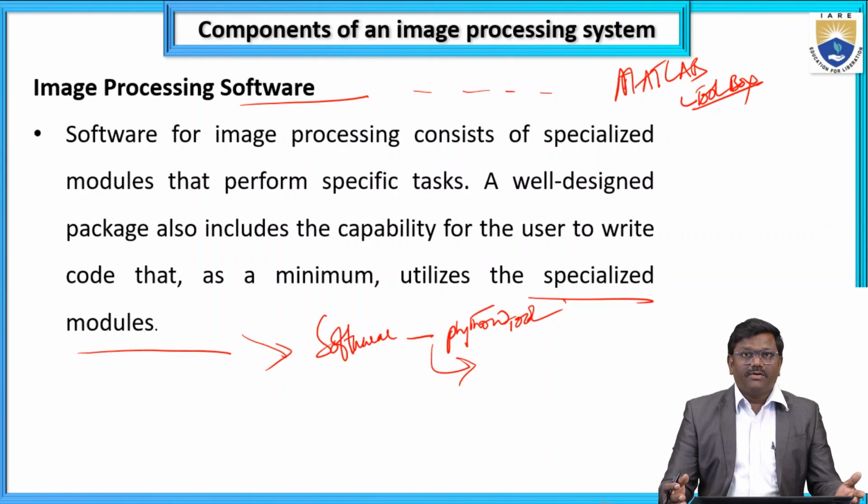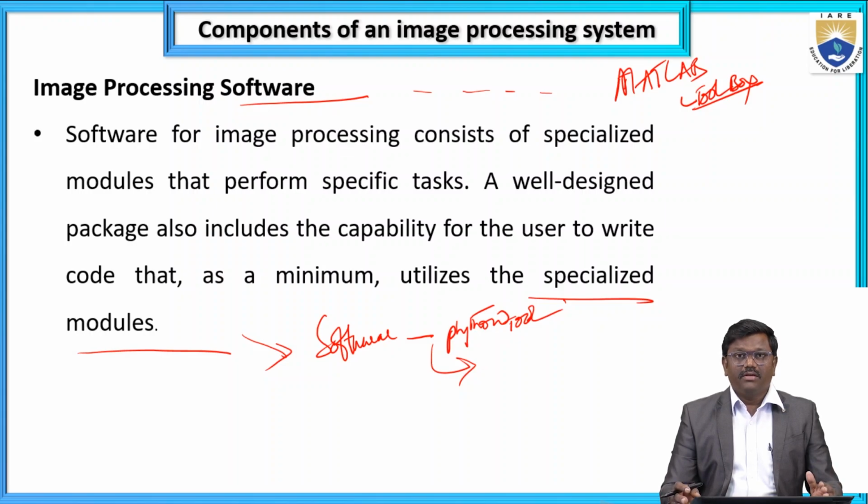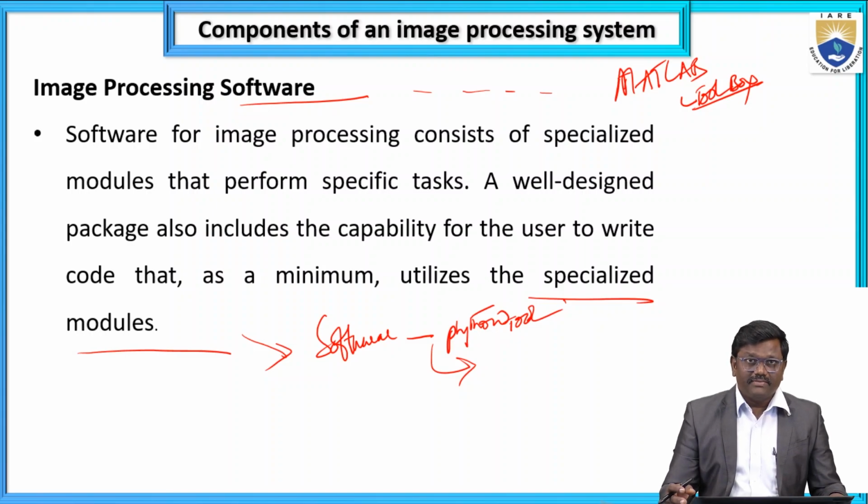Of course, based on the MATLAB toolbox and the Python toolbox which we can use here, which consist of specialized modules that perform specific tasks, a well-designed package also includes the capability for the user to write code that, as a minimum, utilizes the specialized modules.